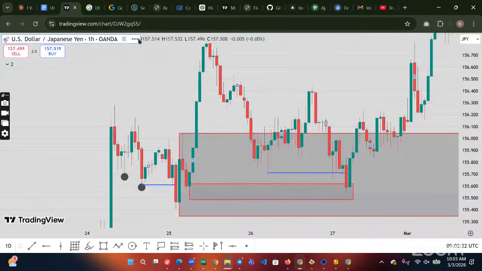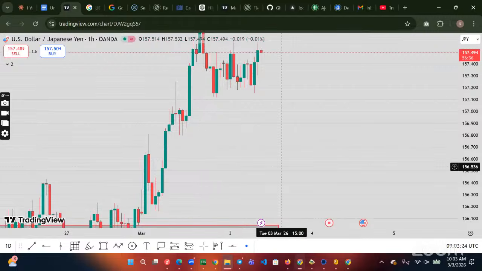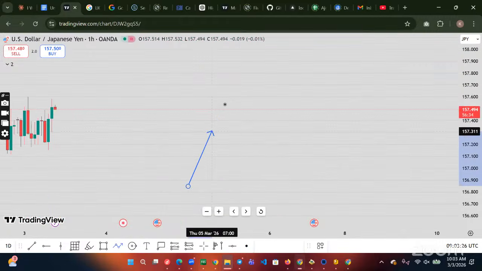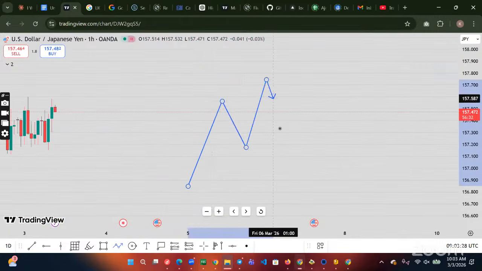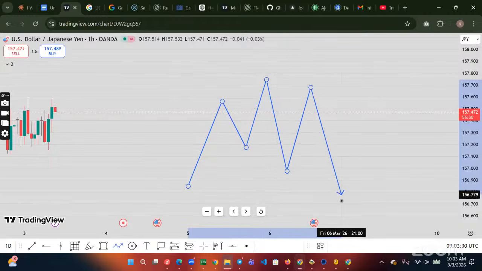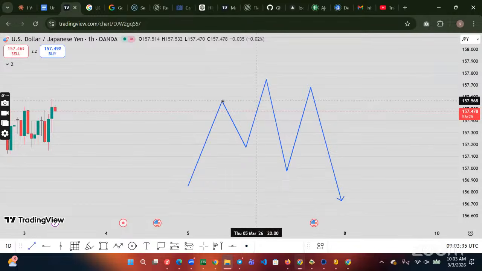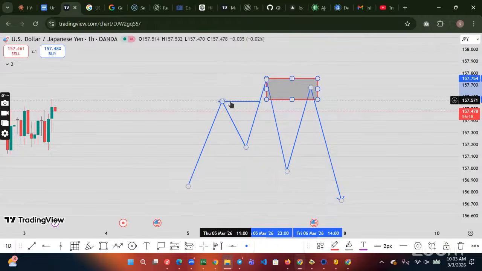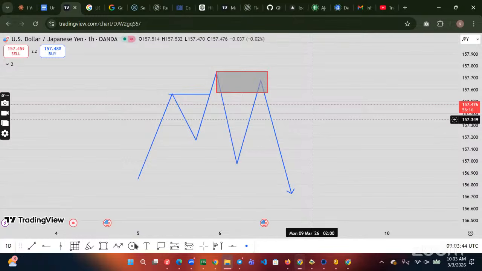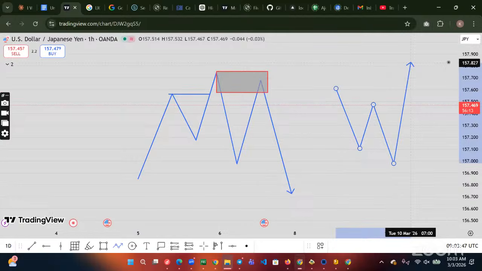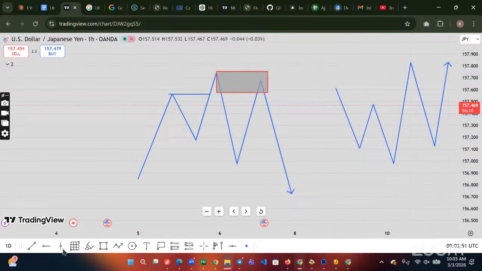And by structural liquidity, it's a case where for a sell, price takes out a previous high. For a buy, price takes out a previous low.